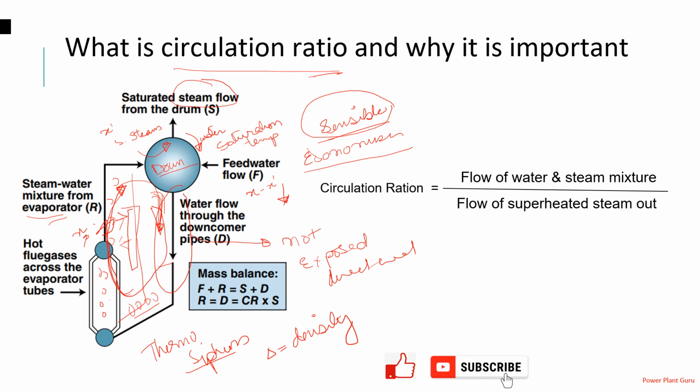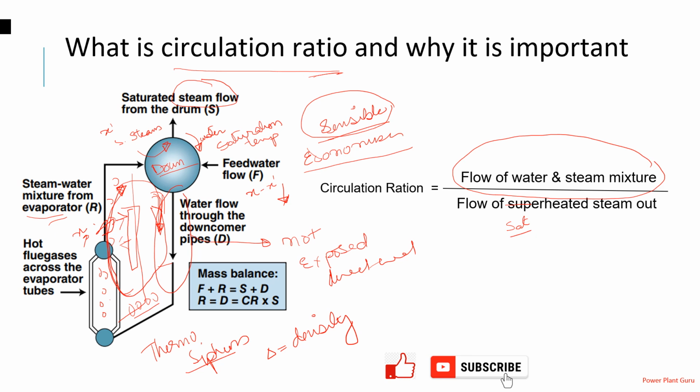Now what is the circulation ratio? Whatever is your steam plus water mixture flowing, and then what goes out is saturated steam, not superheated. Ultimately this will be the same, because there will be some desuperheater water addition, otherwise it would be the same.